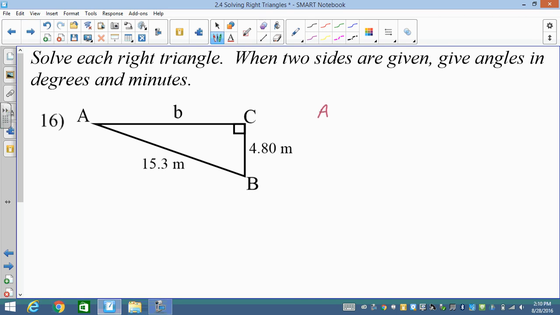Angle A is unknown. Angle B is unknown. Angle C is 90.